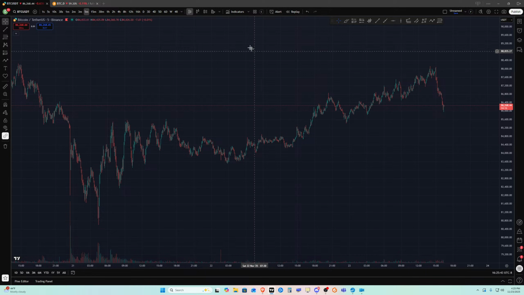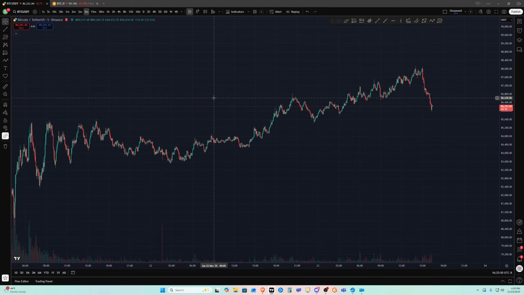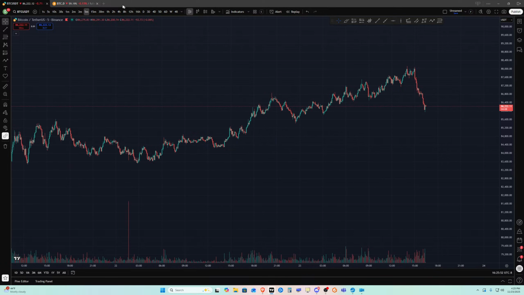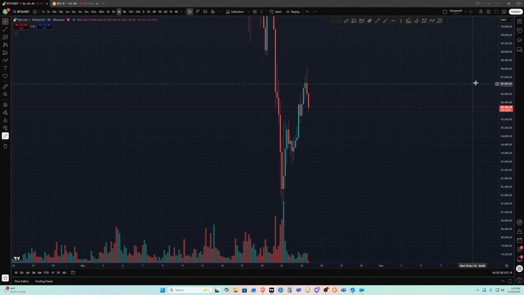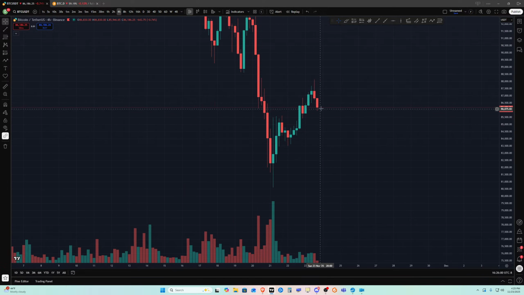Okay, let's see. Finishing up the TradingView explanation of the tools. So here's time frames, right? We're on 5 minute. If we go up to 4 hour, this one candle right here is the last 4 hours. So if you see at the bottom, it says 16 o'clock. The other one started at 12 o'clock.